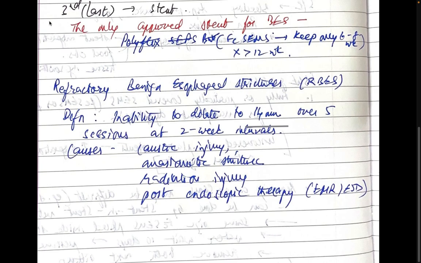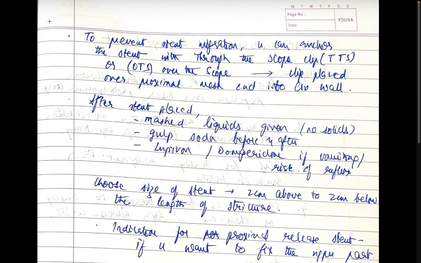The causes are caustic injury, anastomotic strictures, radiation injury, and post-endoscopic therapy, which is becoming more common because of doing EMRs and ESDs. To prevent stent migration, you can anchor the stent with a through-the-scope clip or an over-the-scope clip, which is placed over the proximal mesh end into the esophageal wall.